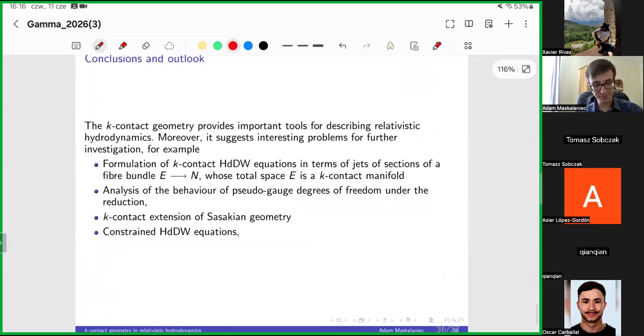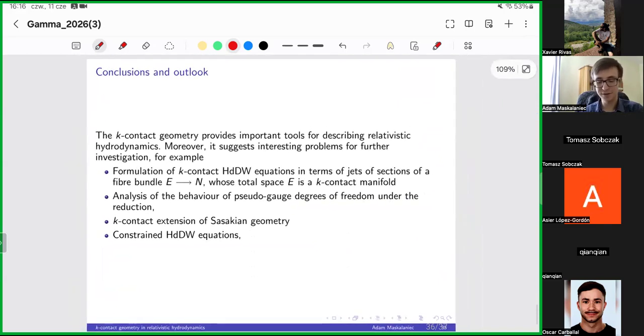So, what is still left to be done and what is still interesting in the topic? At first, I would like to extend my theory by formulation of k-contact Hamilton-de Donder-Weyl equations in terms of jets of sections of a fiber bundle whose total space E is a k-contact manifold.